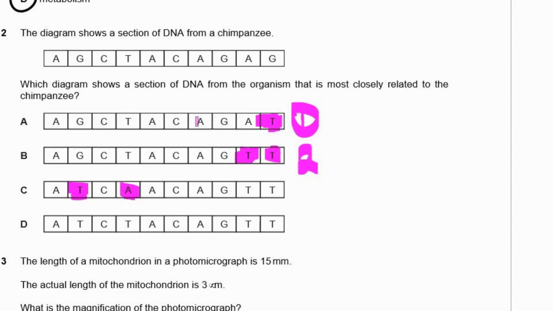AA, CC, AA, GG, AT, that's a different one. GT, that's a different one. That's 4. And AAGT, that's different. CCTT, AACC, AAGG, AT, and GT. Okay, so that's 3. So the one that's most closely related is A, because there's only one difference in that gene.